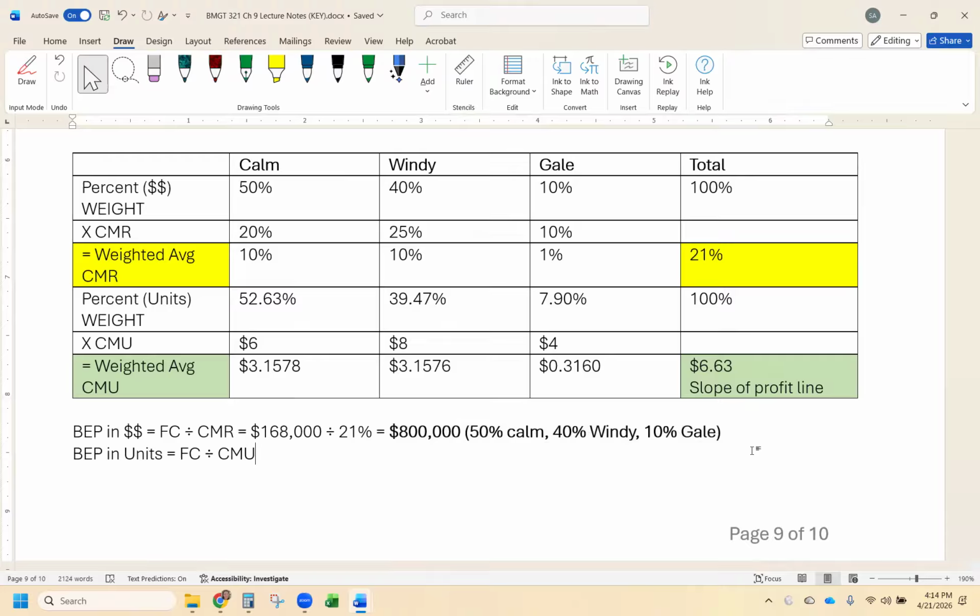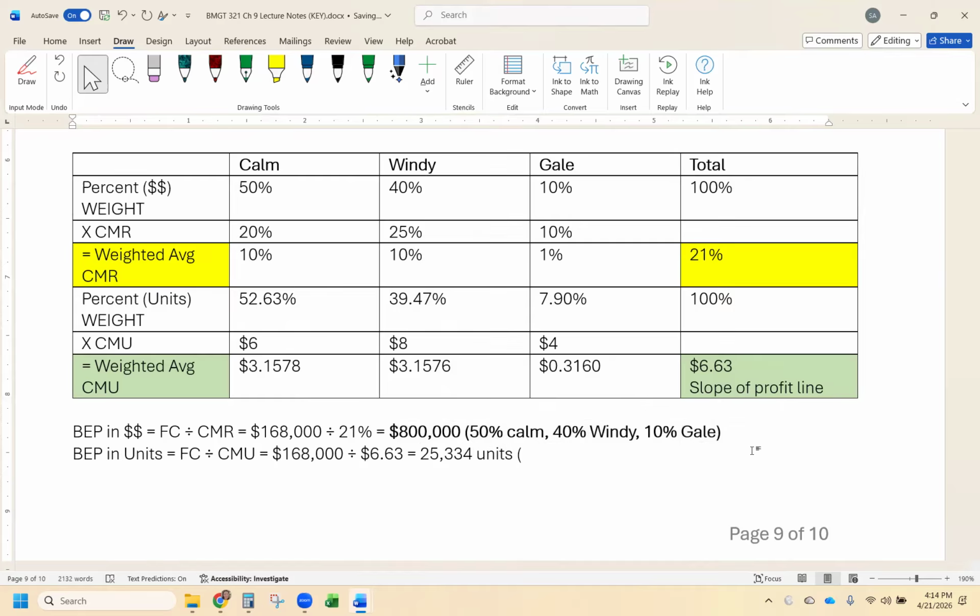All right, so now for the next one, it's fixed cost, 168,000 divided by CMU, which is $6.63. And we get that number, 25,334 units.